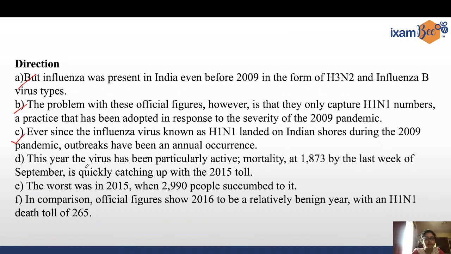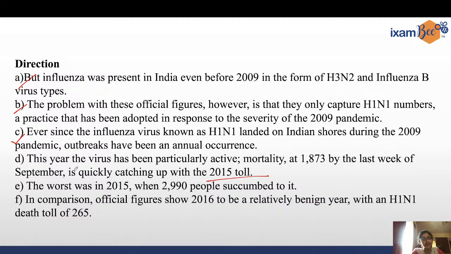This year, the virus has been particularly active. Mortality at 1873 by the last week of September is quickly catching up with its 2015 toll. Please understand. Which means what? There must have been some information already about what happened in 2015.